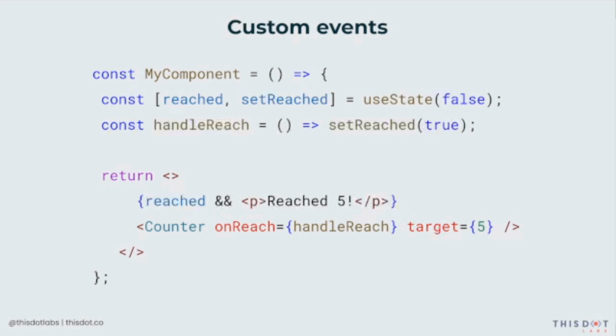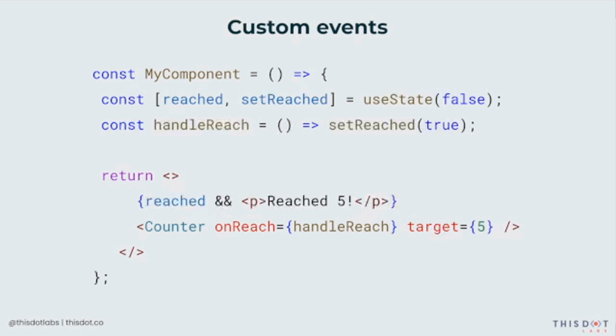And the second part we need to talk about is that we have used a double ampersand here. And this allows us to do conditional rendering within React. So we have the reached value, which is a local state which starts out with false, and we can also see we set it to true later on. So it's a Boolean value, true or false.